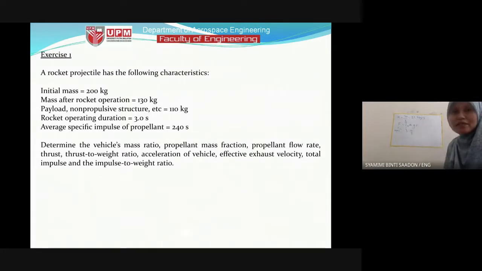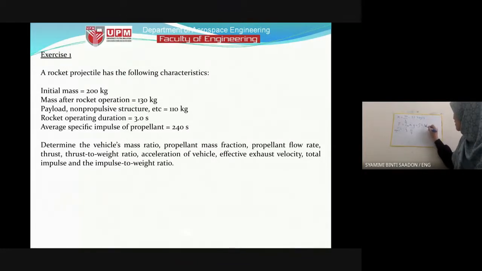Specific impulse is 240 multiplied with 33.3 and 9.81 gravity acceleration. So you have around 54.8, not point, 54,000, or kilonewton.